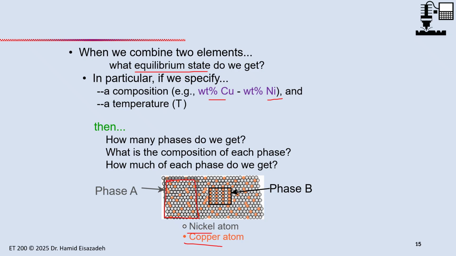Look at the mixture of these two elements, because this is unique, that gives you phase A. But in some cases, the pattern of the mixture can be different. Look at this type of arrangement and compare it with this arrangement. So this arrangement is different from this. So this is another phase, and it's called phase B.